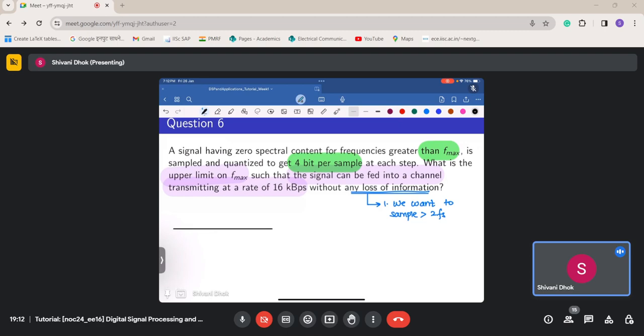First thing that is given to us is the signal is having a spectrum something like this, that is, the spectral content after f max is 0.